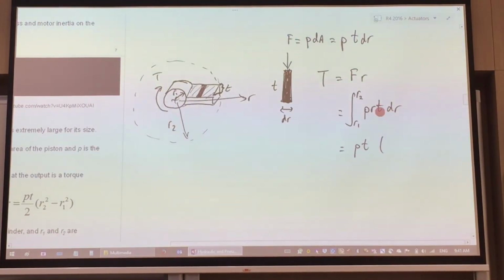Integrate R, I get R squared over 2, for the limits from R1 to R2. If you substitute that in, you take that 2 out and you get R2 squared minus R1 squared. So that's the one provided in your lecture notes: PT over 2 bracket R2 squared minus R1 squared.